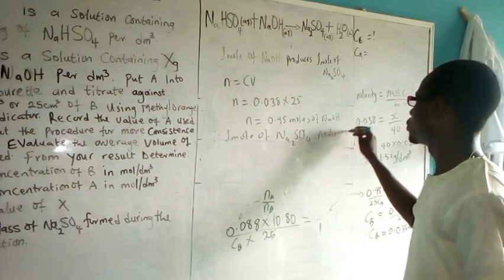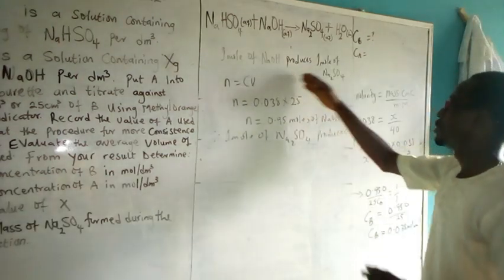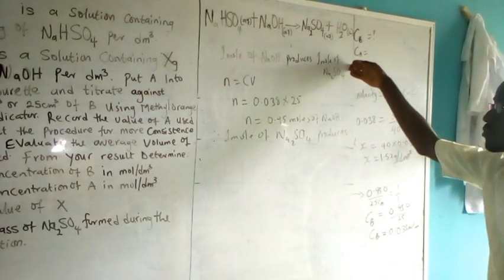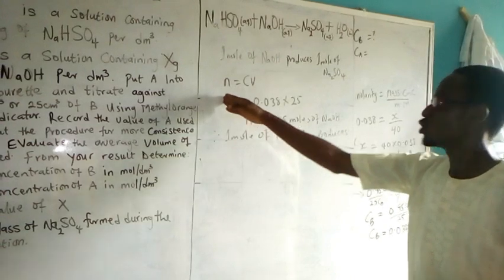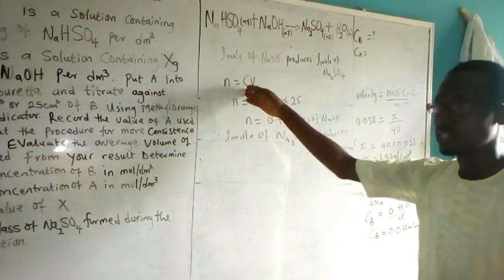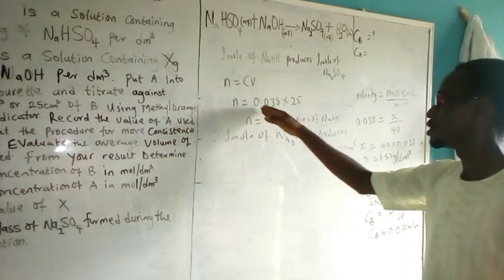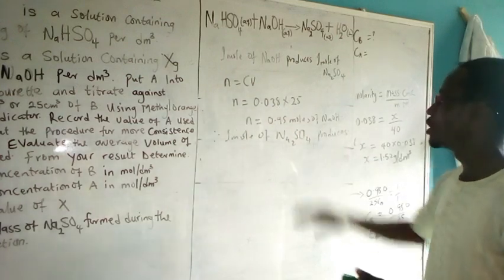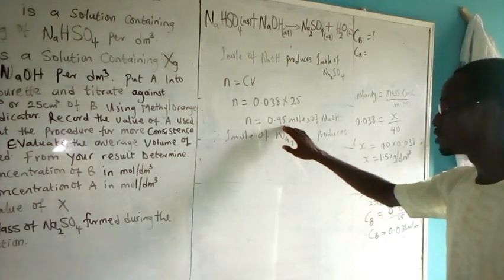If 1 mole of NaOH produces 1 mole of Na2SO4, and the number of moles of NaOH is the concentration times the volume, which is 0.038 times 25, that eventually gives us 0.95.